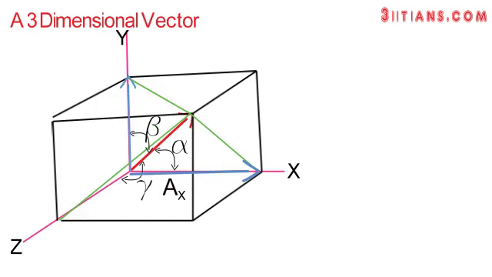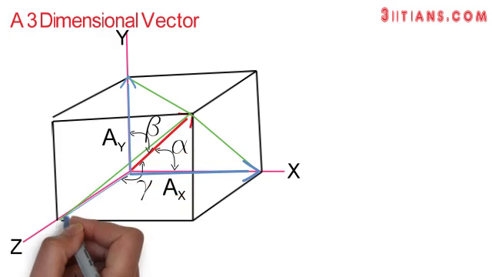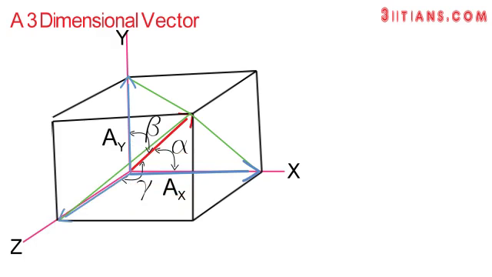So this will be the component on the y-axis. Let us call it ay. And the component on the z-axis will be the line joining the tail of the vector to the foot of perpendicular on the z-axis. So this will be the component along the z-axis. Let us call it az.